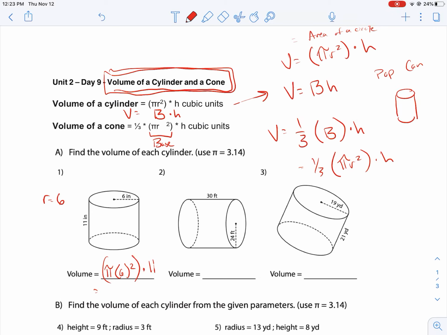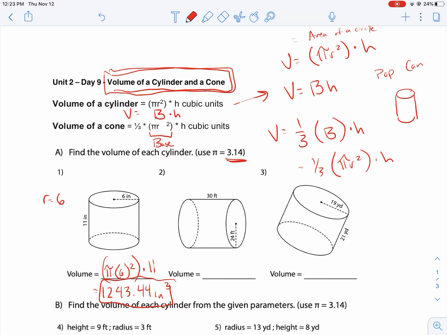It says use 3.14, so that's what we're going to use. So 6 squared times 3.14 times 11, and I get 1243.44 inches cubed.